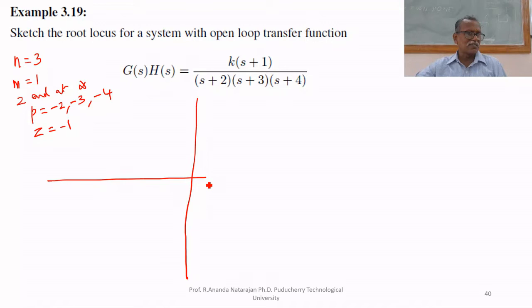Sigma j omega, S plane. So zero is at -1. At -2, one pole is there. At -3, another pole. At -4, another pole.